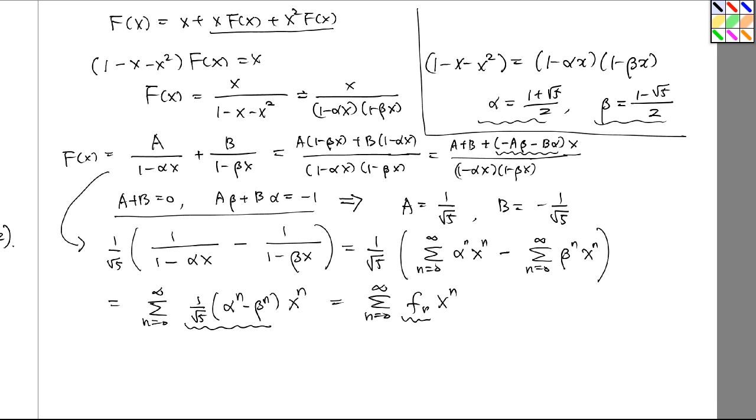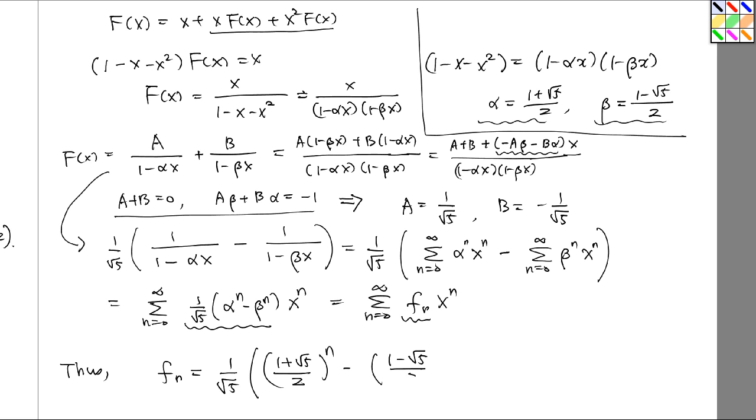So conclusion, thus we obtain a formula for f of n, 1 over square root of 5. Now we're going to replace alpha with this value over here and beta with this. Then we get 1 plus square root of 5 over 2 to the n minus 1 minus square root of 5 over 2 to the n.